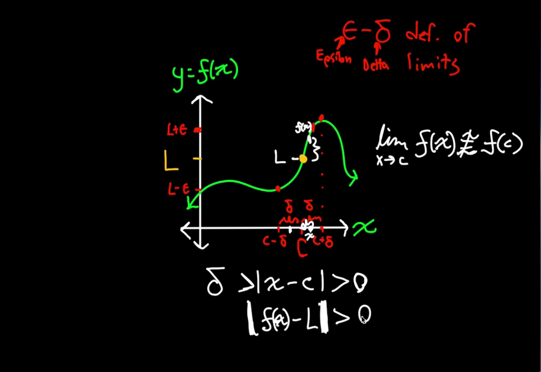An interval has to be greater than 0. And it has to be within our epsilon distance. So the distance here is more like this. That's our interval here. This is f of x minus L. And it's going to be smaller than the total epsilon.